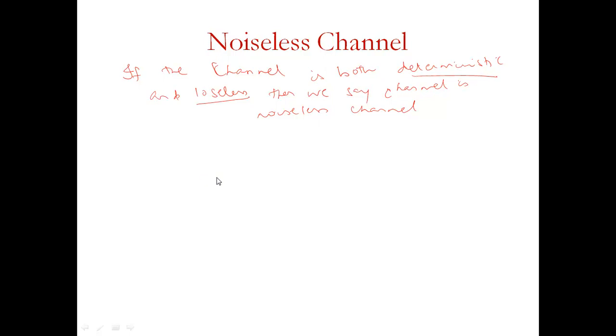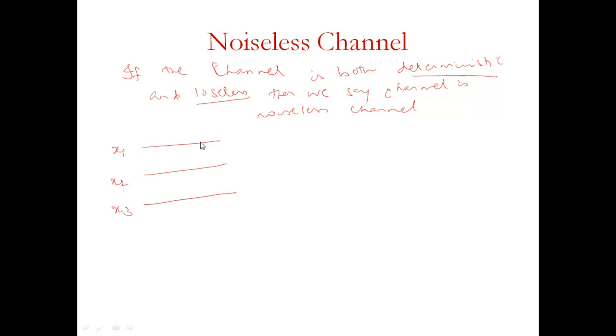So only if the channel is both deterministic and lossless do we call it noiseless. It means the input should also know to whom it is transmitting, and the output should also know from whom it is receiving. So this is an example.